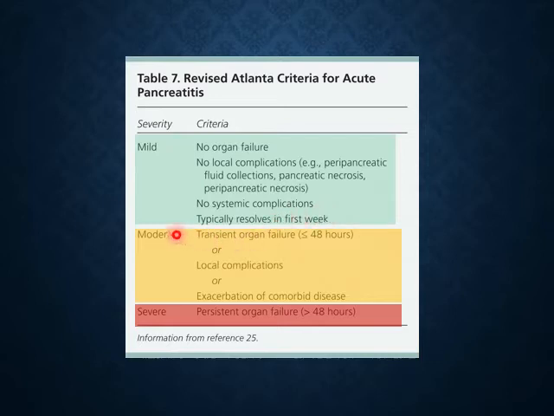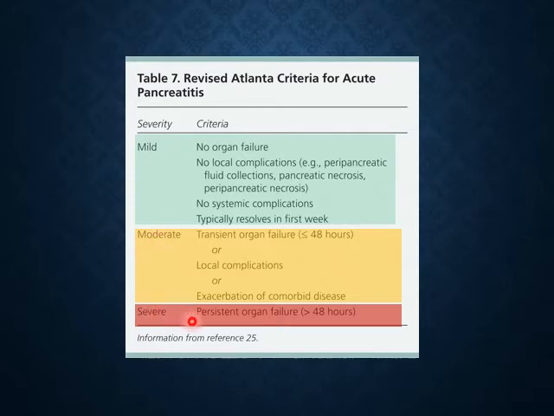In moderate pancreatitis, there is transient organ failure, which recovers within 48 hours. So it may go into acute renal failure, and within 48 hours recover. They can have local complications or exacerbation of comorbid diseases, either one of these, and then they go into moderate acute pancreatitis.